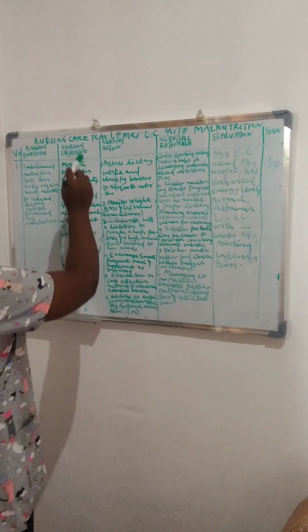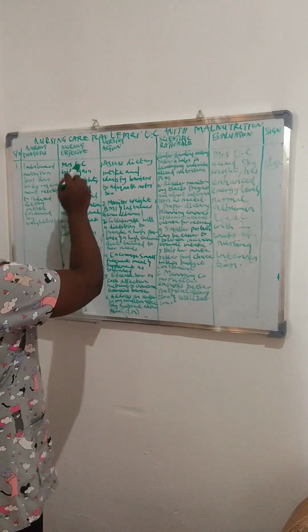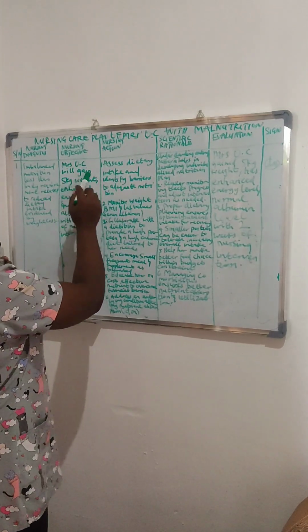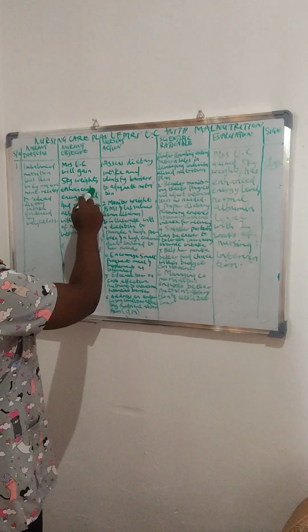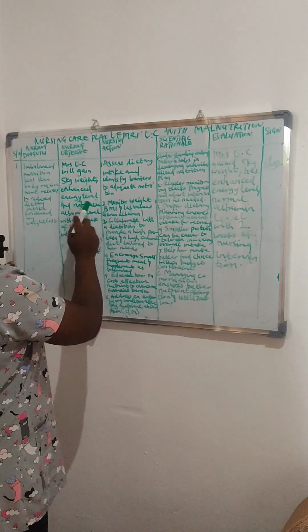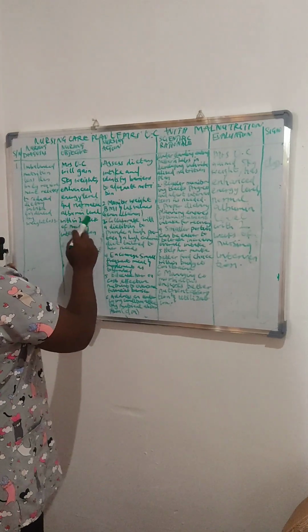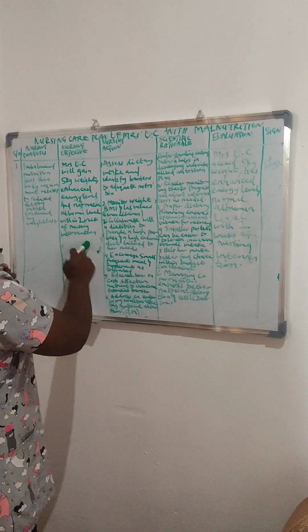So our nursing objective is now Mrs. O.C. will gain 5 kg weight, have enhanced energy level and normalize albumin level within 2 weeks of nursing intervention.